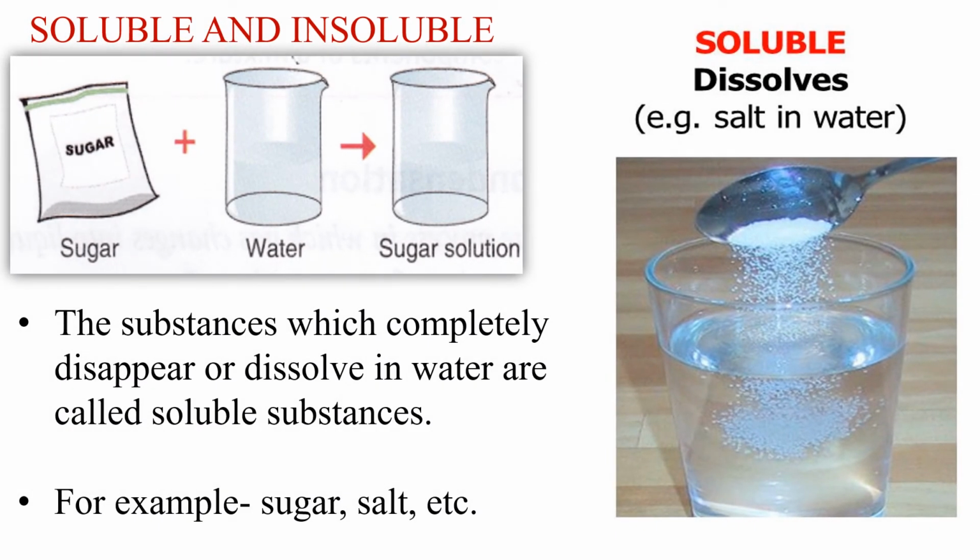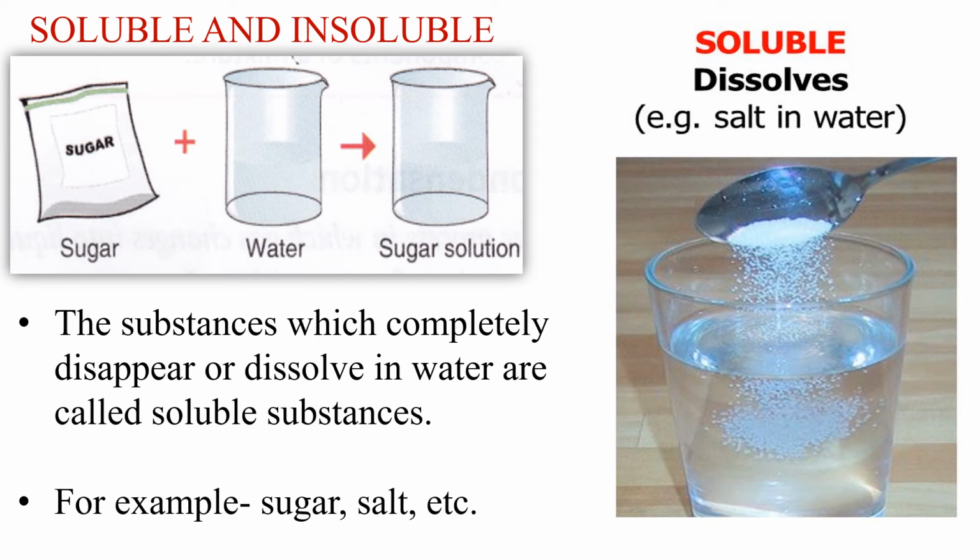Now we will study a very important property, that is solubility of material in water. First we will see solubility of solid materials in water. If you add some sugar in water, you will find that it completely disappears in water, forming a sugar solution.